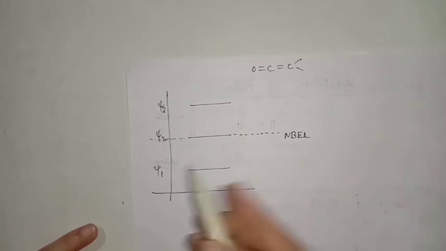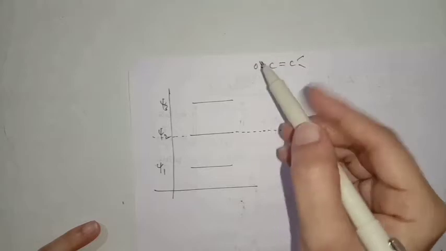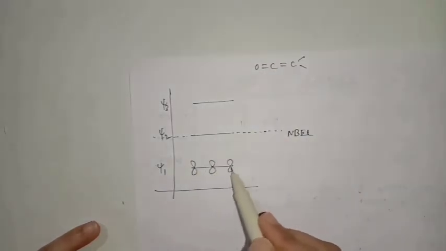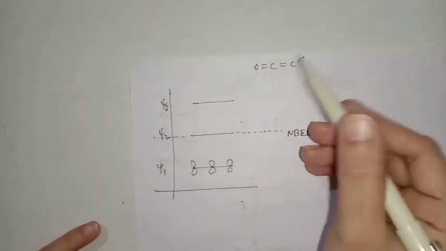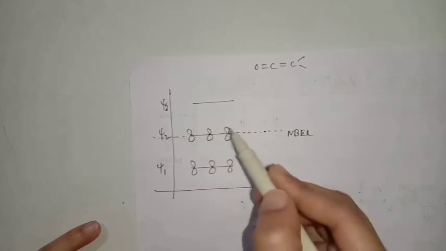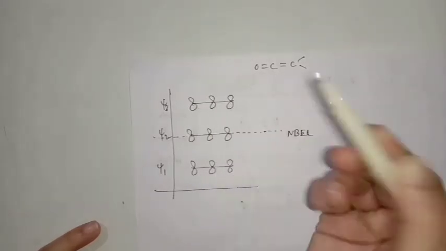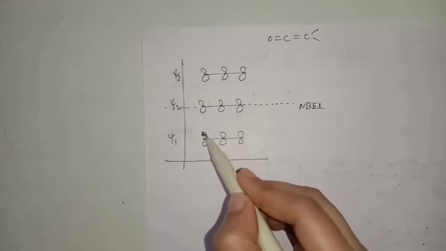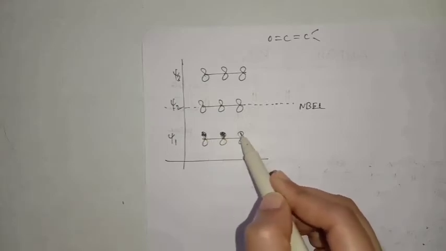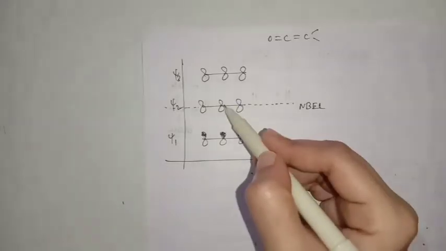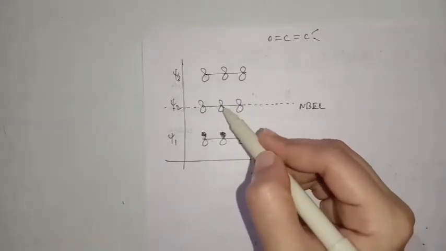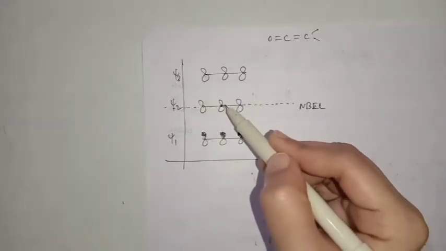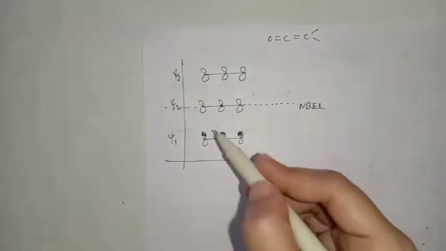We have to distribute 3 orbitals, one from each atom. Then you have to distribute the nodes. Here we have 0 nodes for the psi1 function. Then with 1 node there is no need to draw the orbital, you can just put a dot here.